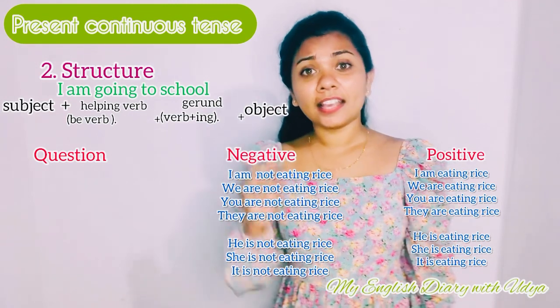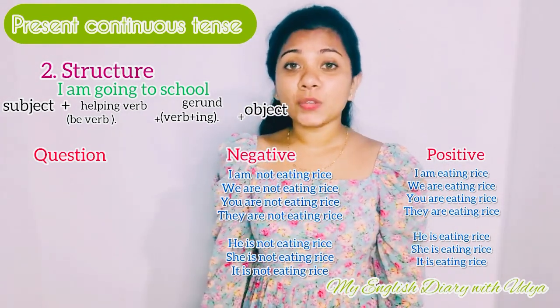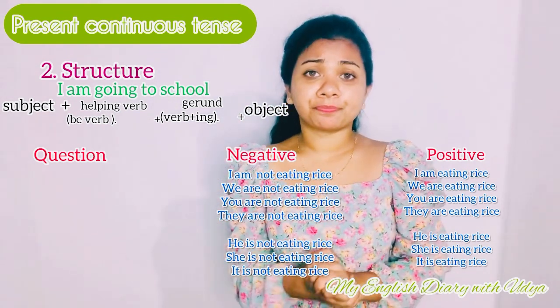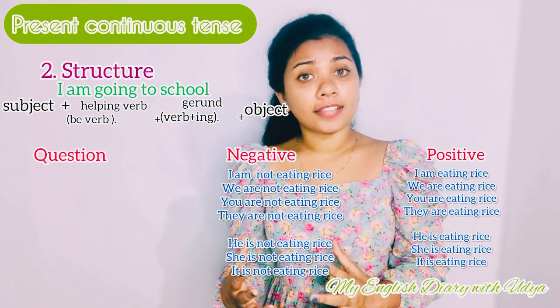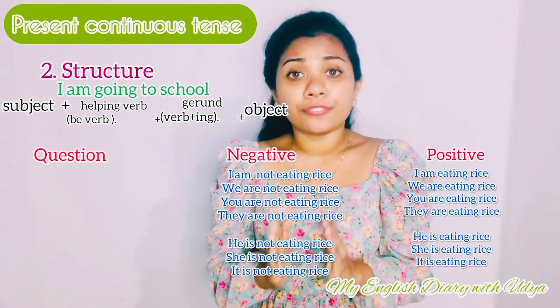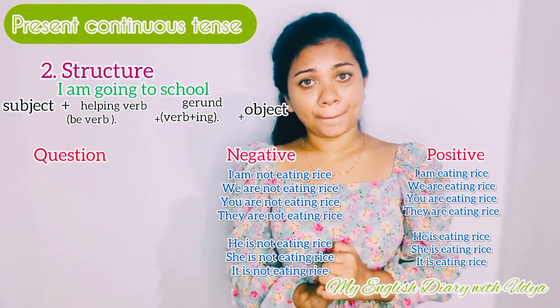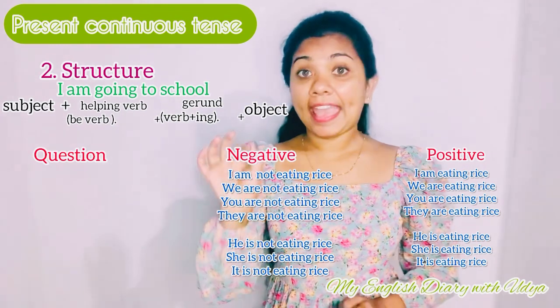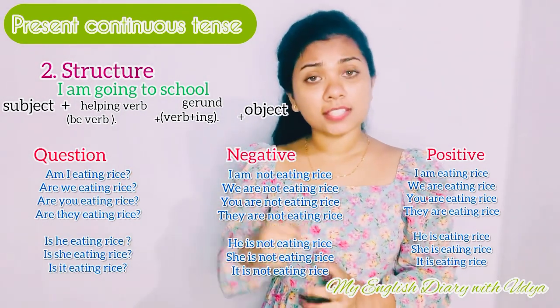Okay, finally, I'm going to teach you how to structure a question by using present continuous tense. Here, you need to take the helping verb to the front of the sentence. Others you can use as they are. Am I eating rice? Are you eating rice?